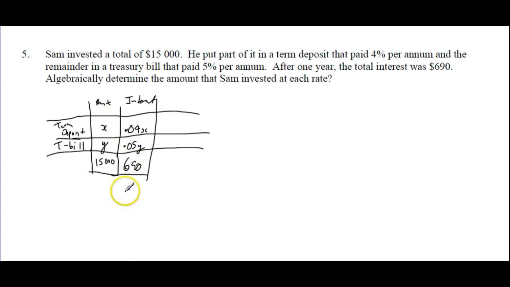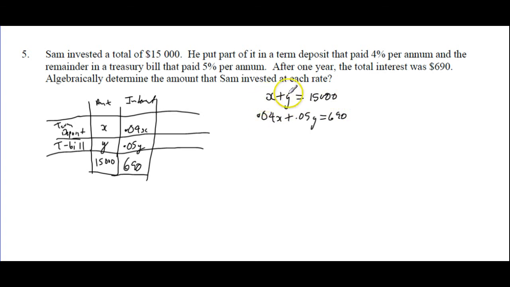Really, we have our equations here, right? We have X plus Y is equal to 15,000. We could legitimately say let X be the amount invested in the term deposit, let Y be the amount invested in the T-bill, or we could use T and B or D and B, doesn't matter. And here's my other equation, 0.04x plus 0.05y equals 690.